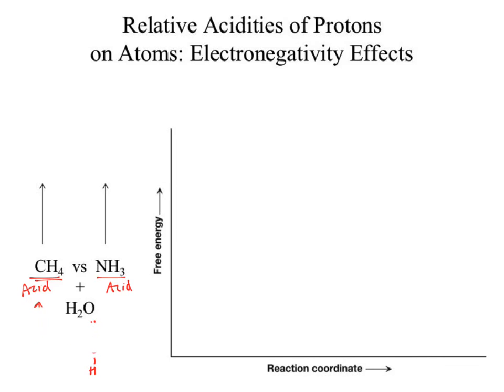So we're looking at both those acting as acids, which means water is acting as a base. We go through and run the reaction. What do we end up with? H3O plus in both cases, and CH3 minus and NH2 minus.